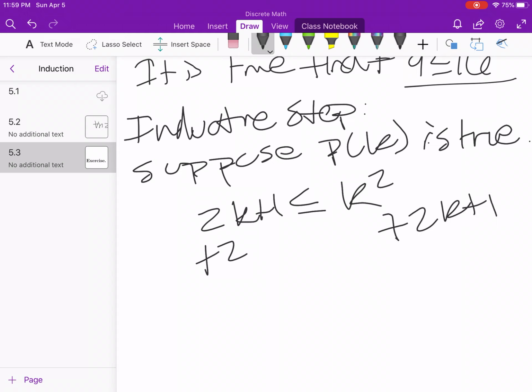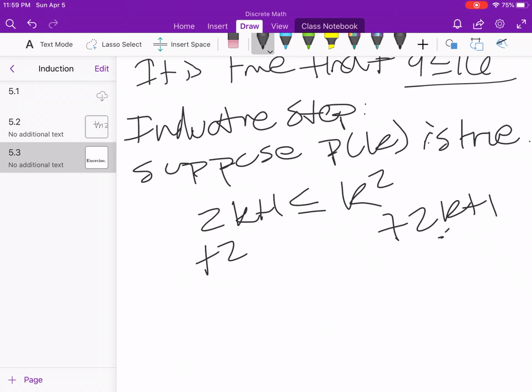It's certainly true that 2k plus 1 is greater than 2, when k is 4. And since 2 is just a fixed number, if I keep increasing k, it'll always be true.